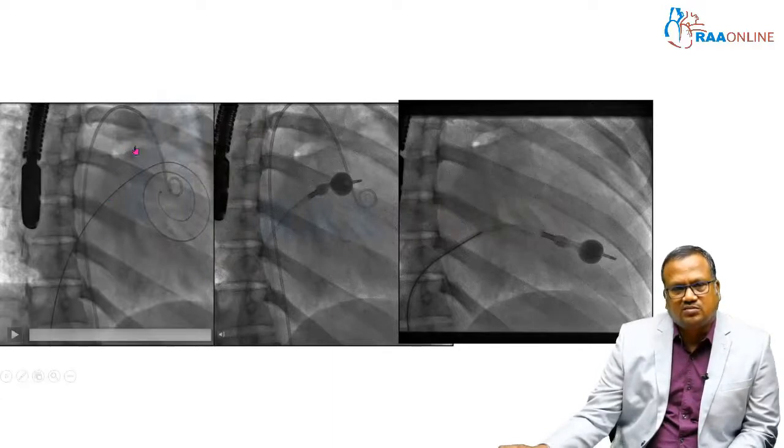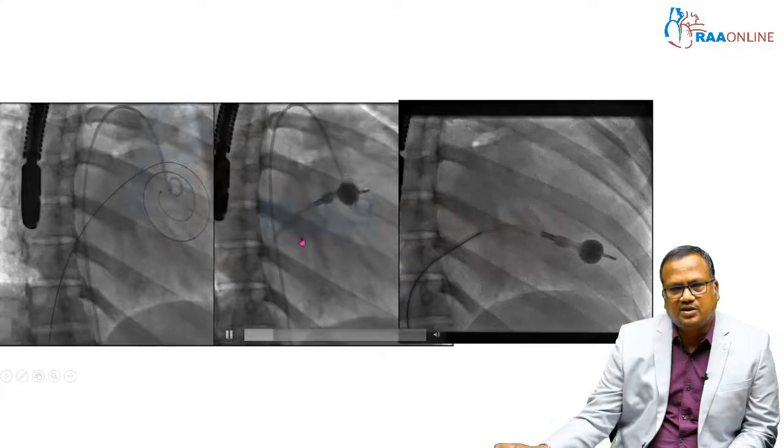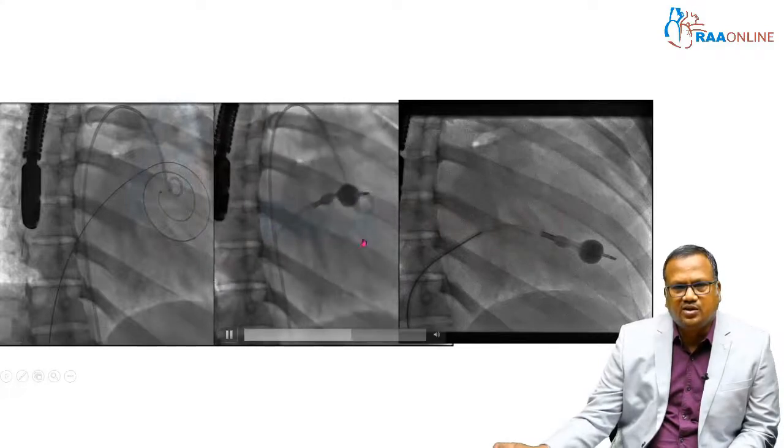Once you have dilated and put in the balloon, you can see in this image that the pigtail has been removed and there is a stylet. We are trying to guide the balloon into the left ventricle.